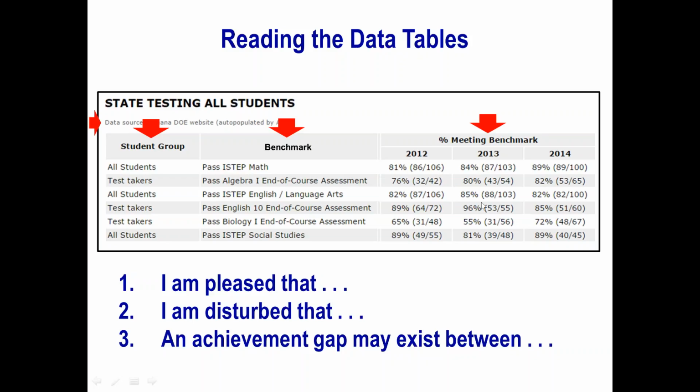We will give you 3 years of historical data, and notice that we have the percentage here, but we also have the raw numbers. Sometimes this can be really alarming.